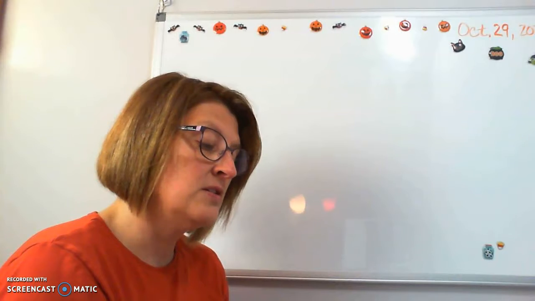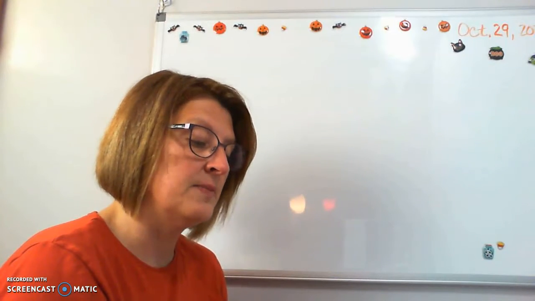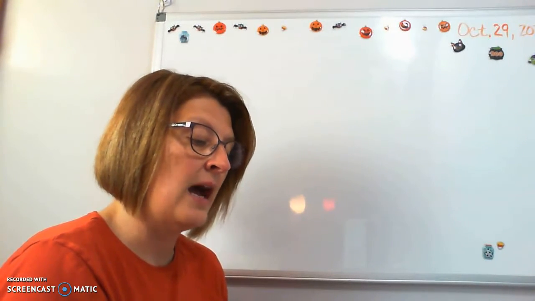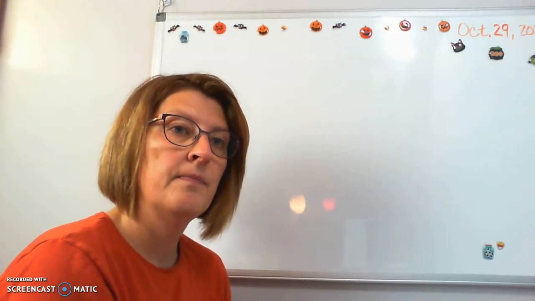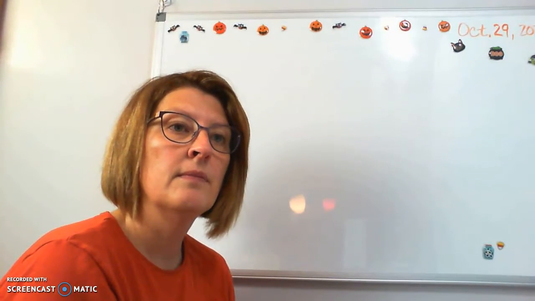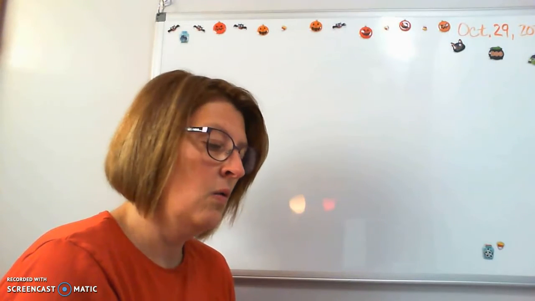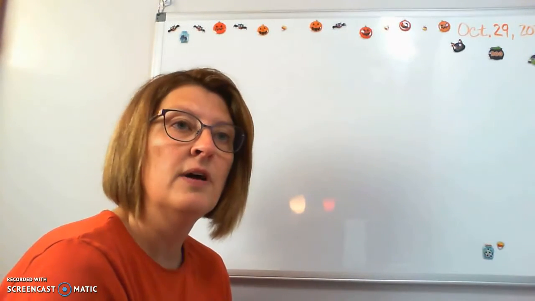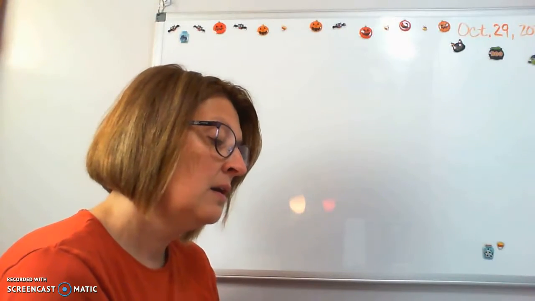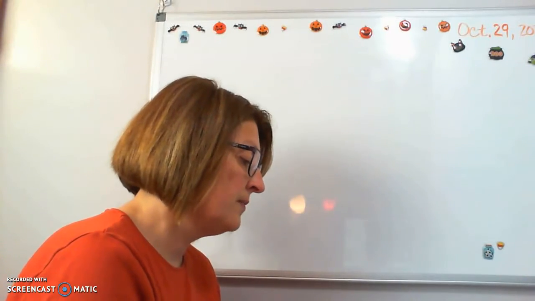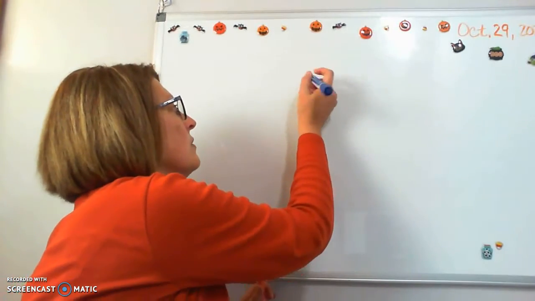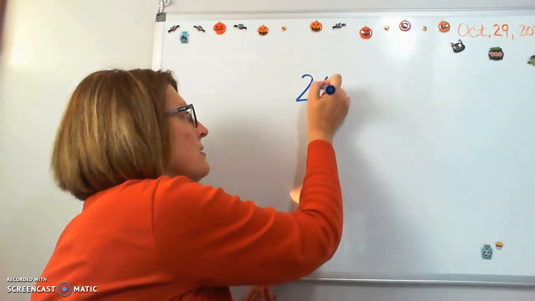Number 3 says, Greg drives 26 miles on Monday and 90 miles on Tuesday. All right? So I'm going to look at it and say, he drove 26 miles on Monday.